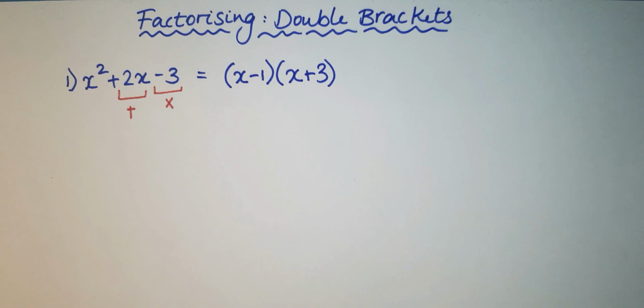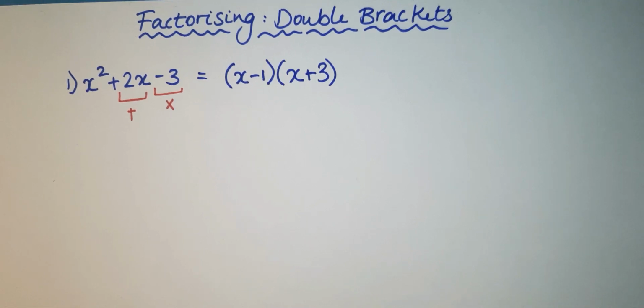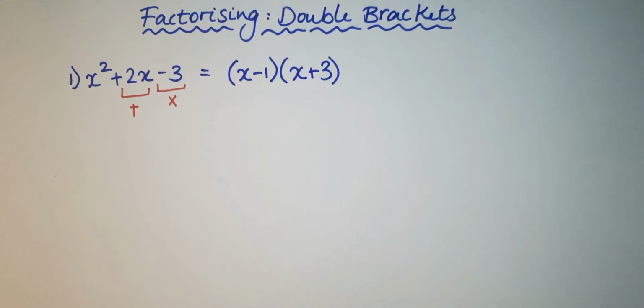If I just go over it one more time, if it was a little bit confusing, all we've done is look at two numbers that multiply to give us negative 3, and the same two numbers that add together to give us positive 2, and that is minus 1 and plus 3. Because if we do minus 1 times 3, we get negative 3, and if we do minus 1 plus 3, we get positive 2. So that was the first example.